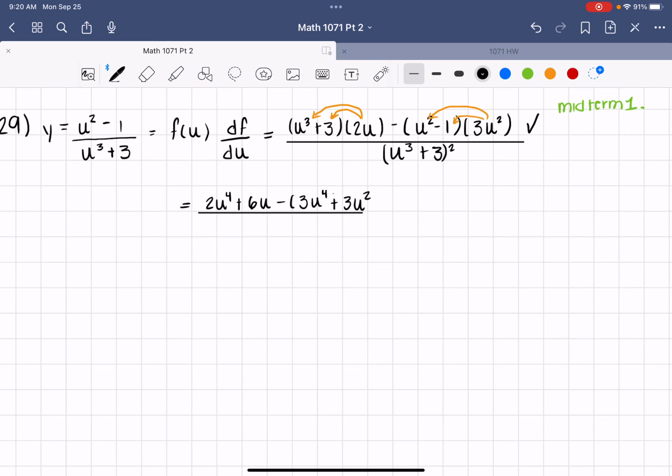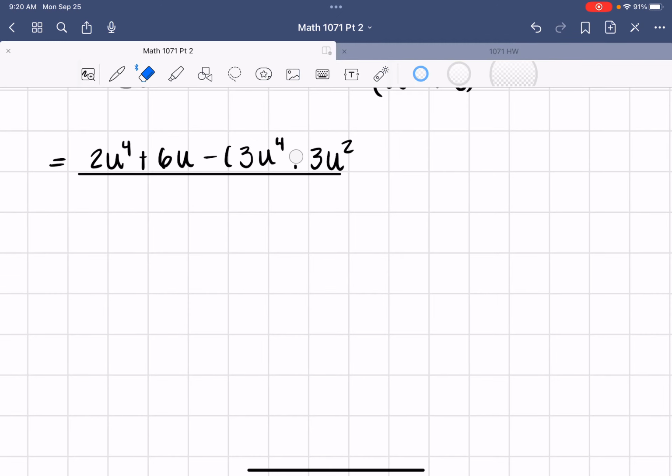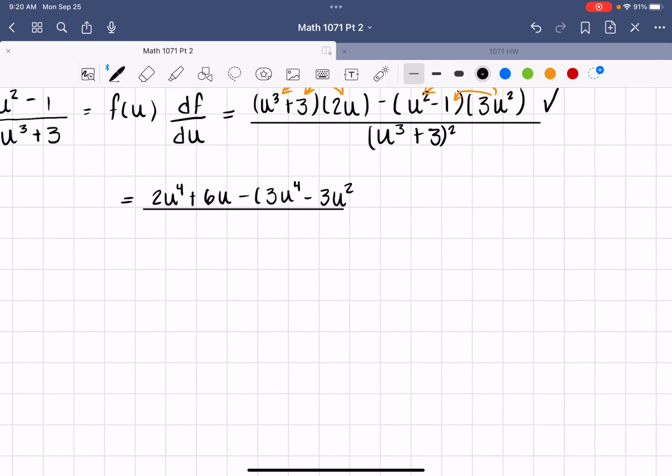Remember, this negative sign distributes with both of these terms, making this one plus, because it's minus minus. 2u to the 4th plus 6u minus 9u to the 6th minus 3u squared all over u cubed plus 3. You know, I made a mistake.